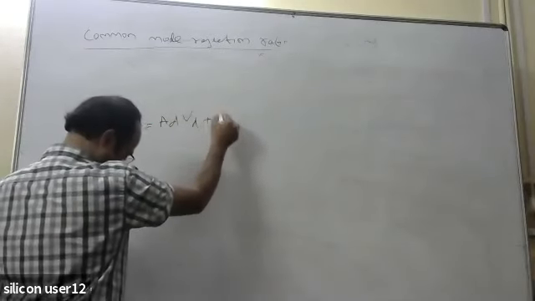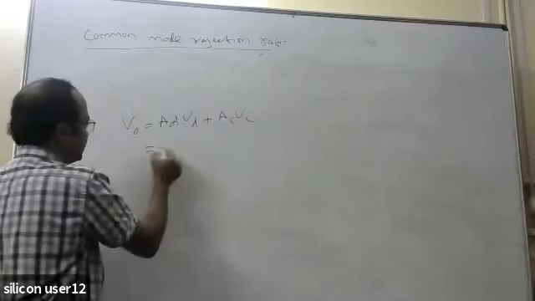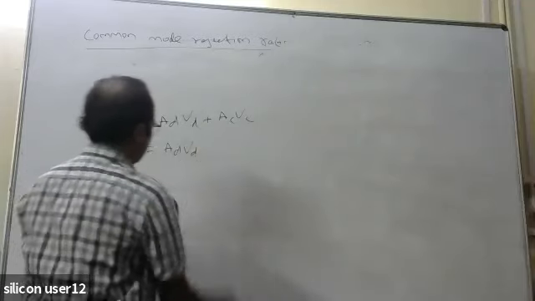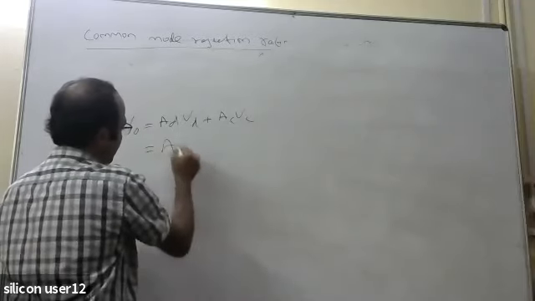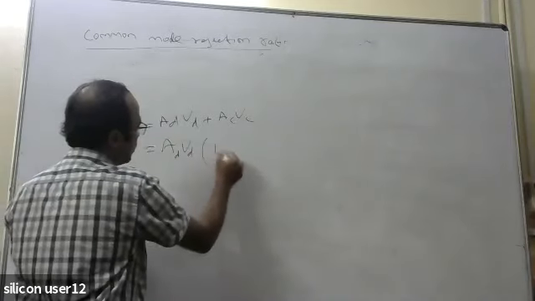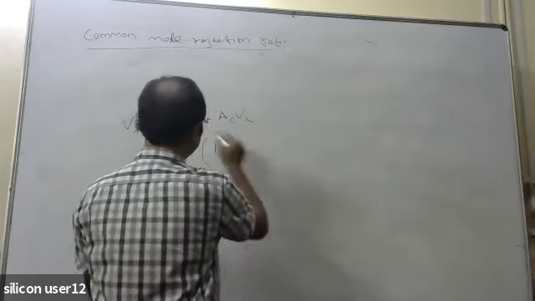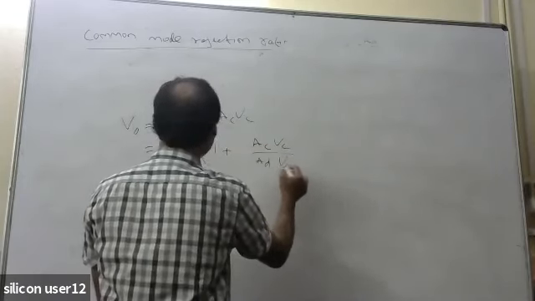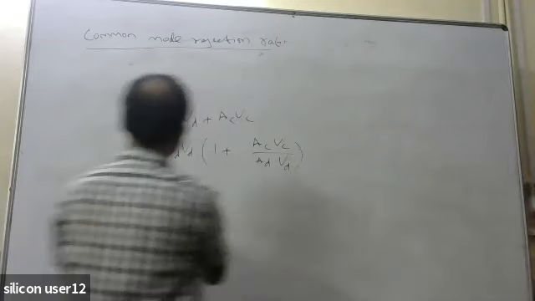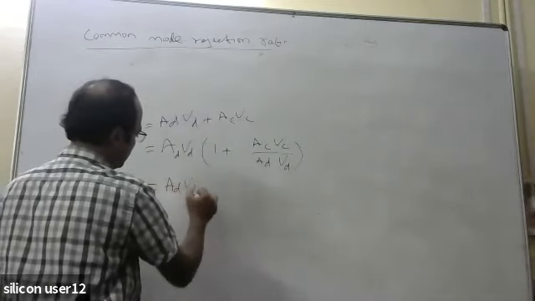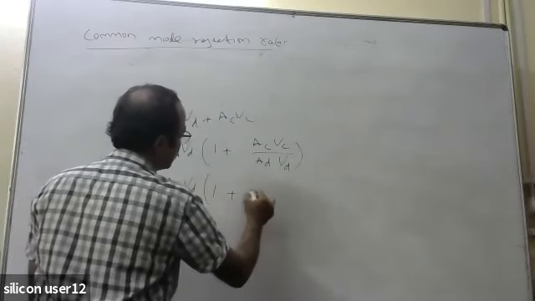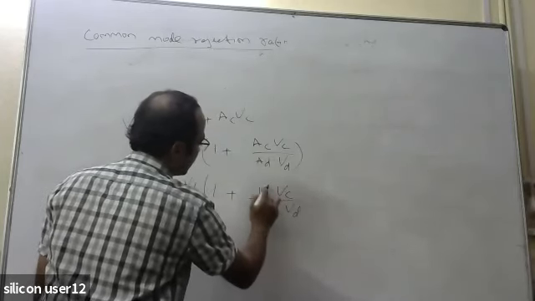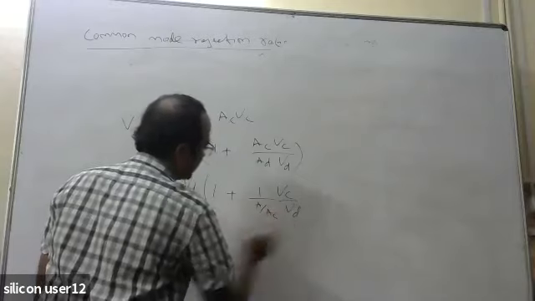ADVD plus ACVC. So if you take common this ADVD, it will be ADVD times 1 plus ACVC by ADVD, so that is equal to ADVD times 1 plus 1 by AD by AC.